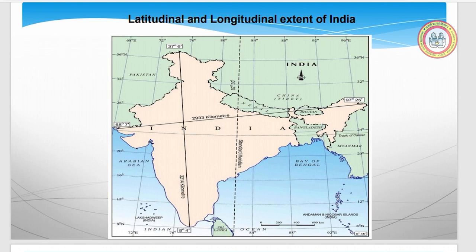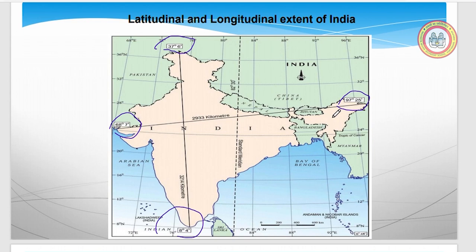Latitudinal and longitudinal extent of India. India lies to the north of the equator. It extends between latitudes 8 degree 4 minutes north and 37 degree 6 minutes north, and longitudes 68 degree 7 minutes east and 97 degree 25 minutes east.